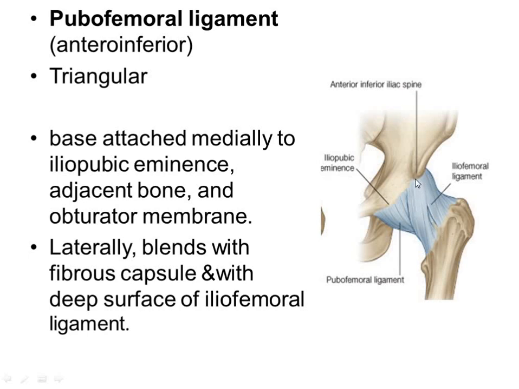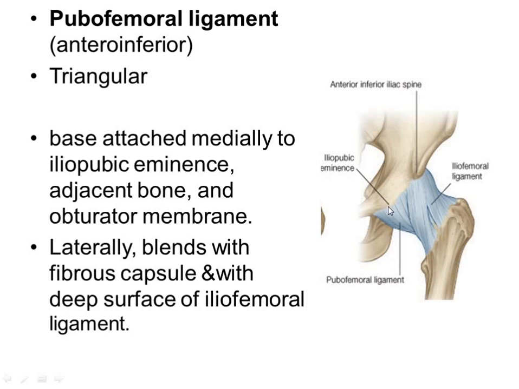The iliofemoral base is on the femur with its apex on the hip bone, and this base is on the hip bone, on an eminence of bone present over here, which we call the iliopubic eminence, the adjacent portion of the bone, and the obturator membrane.